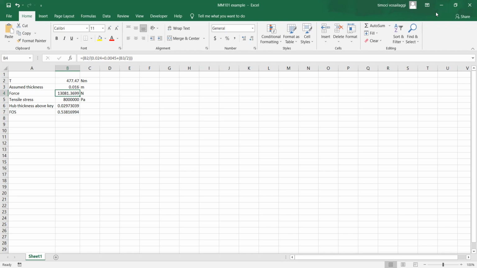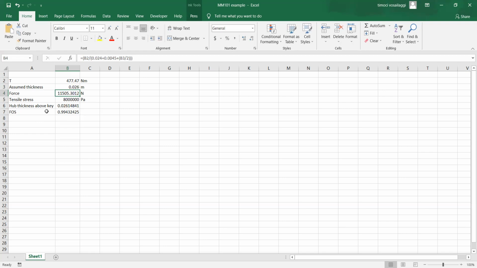So let's increase the thickness again and do the same calculation. Let's change the thickness now to 0.026, 26 millimeters. Now at this point, you can see that the recommended hub thickness is closer to our assumed thickness, and the factor of safety is almost 1.